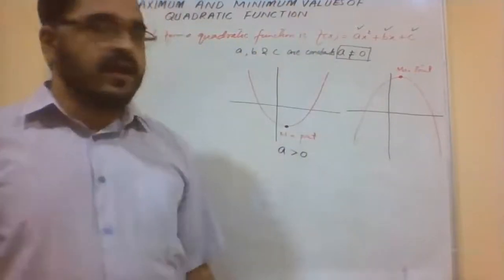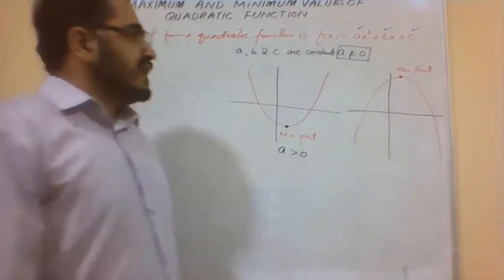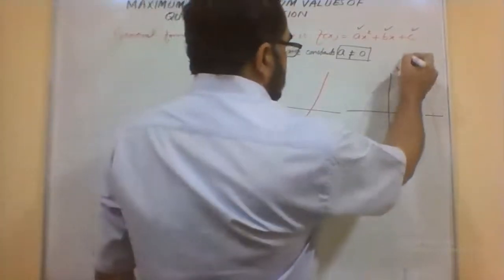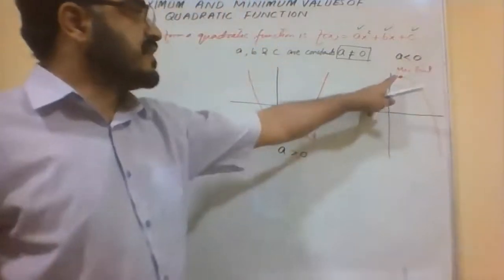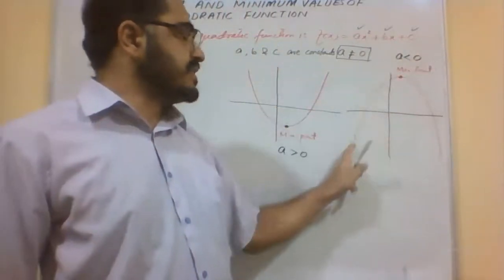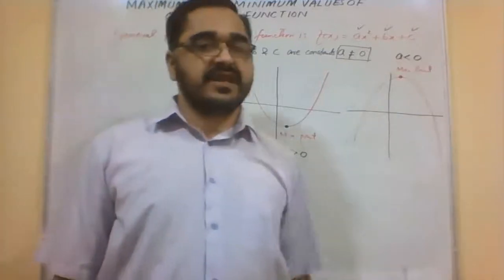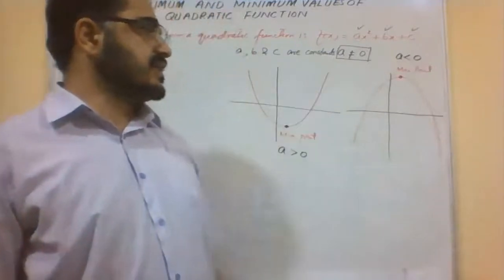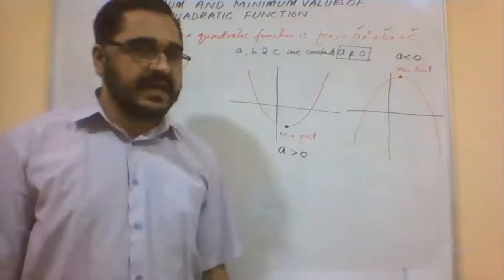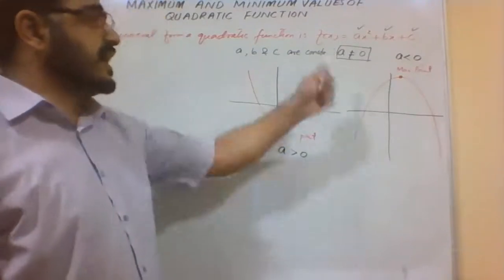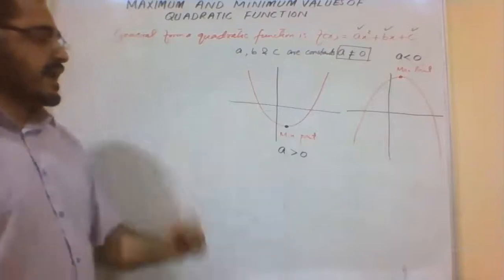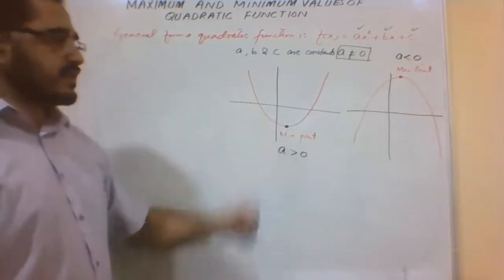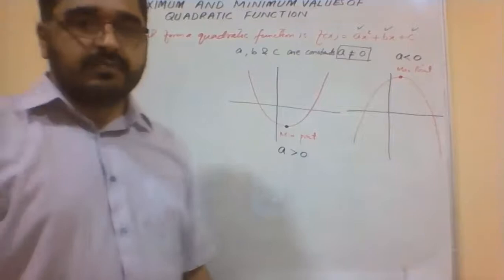When a is negative, a less than 0, then the turning point will be the maximum point, and the shape will be like this one.